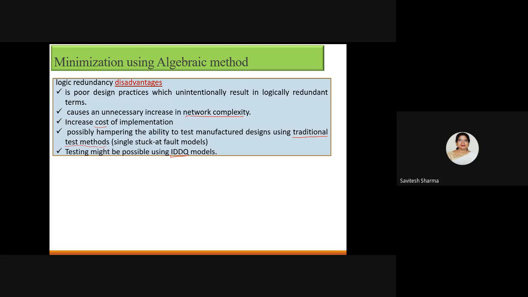These are additional things you will learn later, but you understand why we want to remove the redundant term and what the disadvantages are. So you need to remember these 5 points.